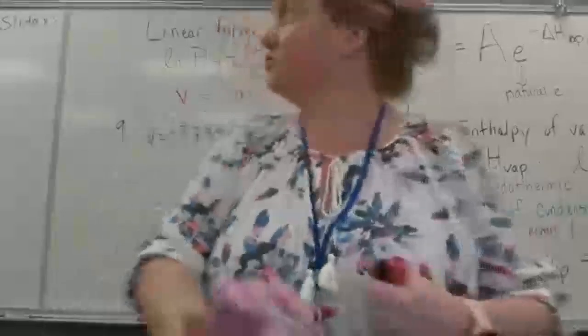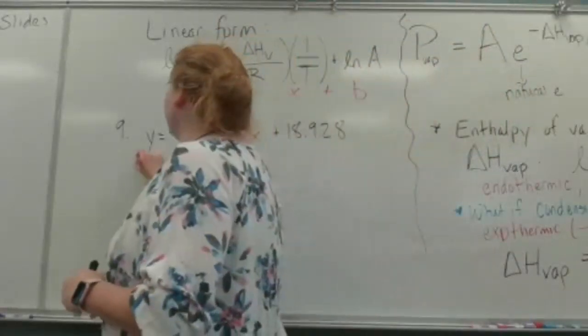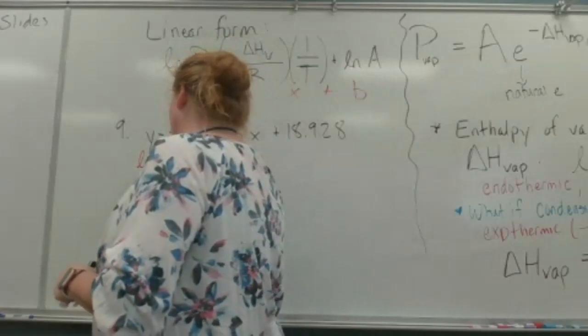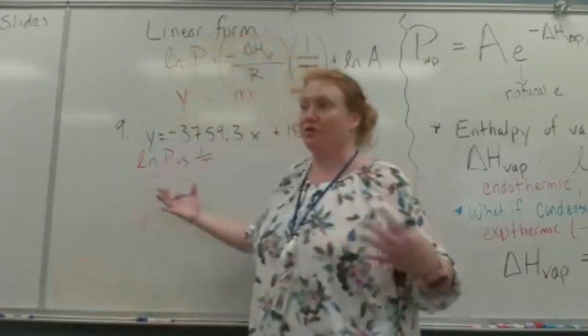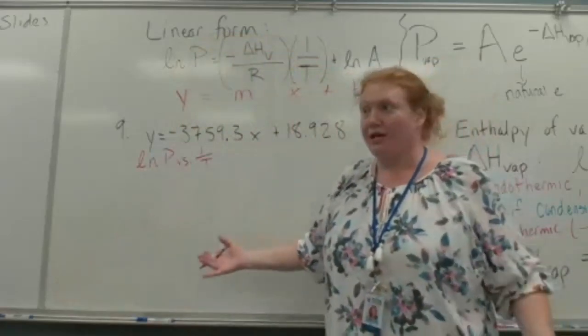I would say you need to for sure understand that if it tells you your graph is the natural log of pressure versus 1 over T, you need to understand that that is talking about whose equation?